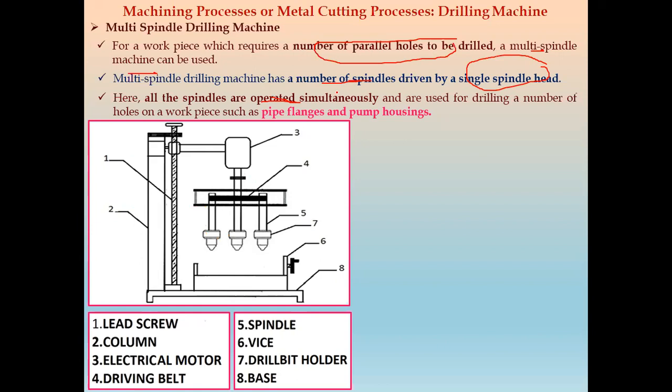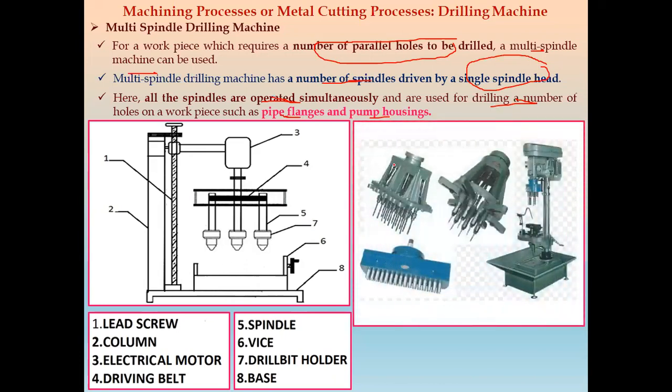And this multi-spindle drilling machine is used to drill a number of holes on the workpiece, like in the case of a pipe flange or a pump housing. Sometimes we require more than 4 holes at a time, having the same diameter. So this is an example of a multi-spindle drilling machine.